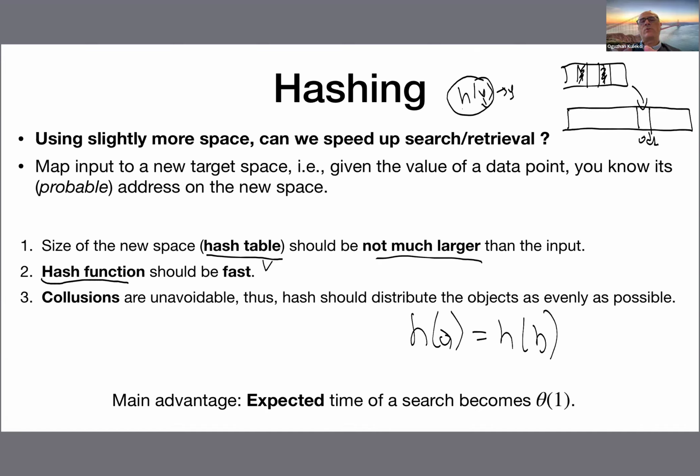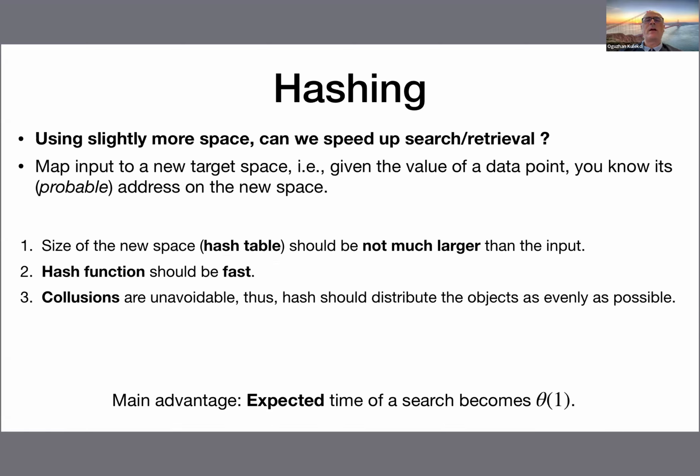We will see that those collisions are unavoidable, but we do our best to have this hash function distribute the objects as evenly as possible in the new space. Okay, so these are the three properties we look for in a good hashing scheme. We will visit this again later, but the main advantage is the average time of search becomes constant with hashing.